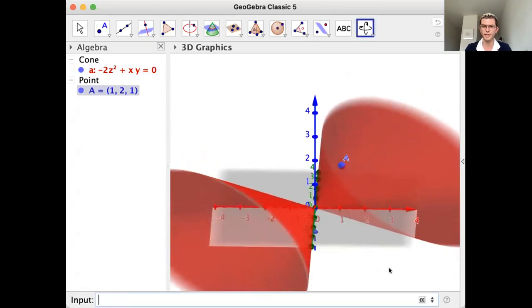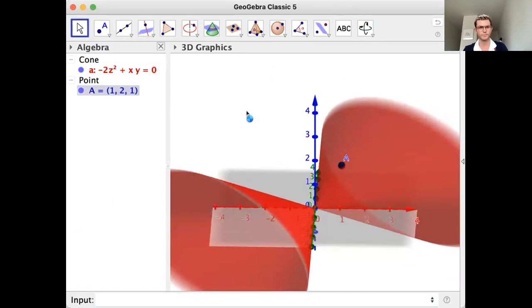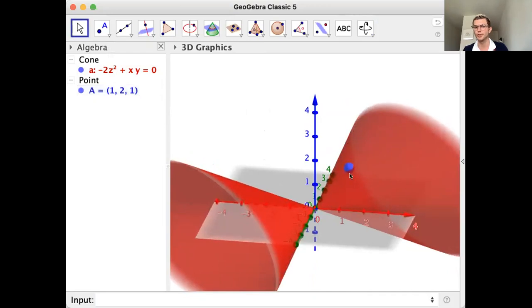Do you see it? It's this blue dot called A here. Does everyone see the picture? You have this point on the surface, right?